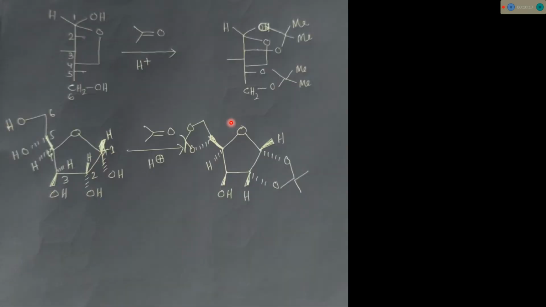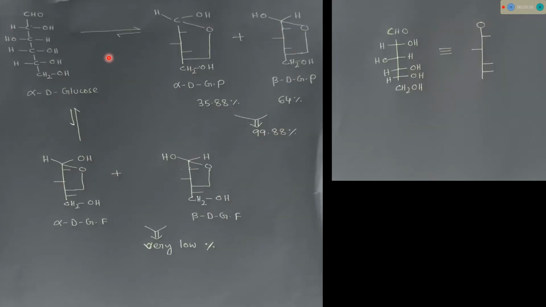So now come to the main point. When we treat glucose with excess acetone in the presence of H plus, what will be the product? We can imagine that glucose reacts via the 6-member ring. Many of you already know that acetone can be used for protection of hydroxyl groups, specifically 1,2-diol.